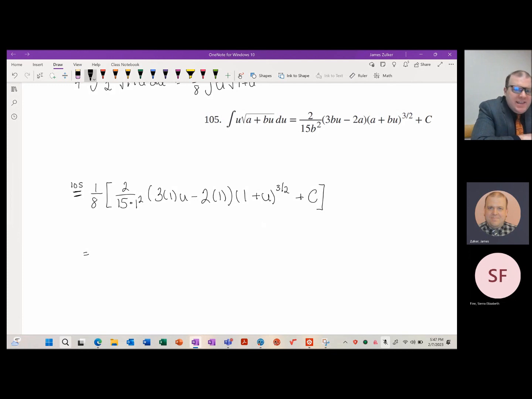Four times 15 is 60, so that's going to be 1/60 times 3u minus 2 times 1 plus u to the 3/2. Of course, a constant divided by 8 is still a constant, so I'll just leave it as plus c.